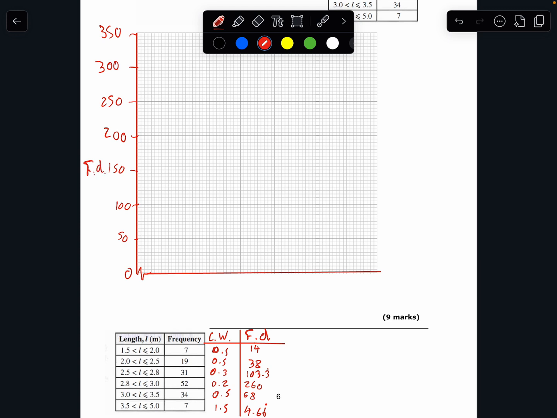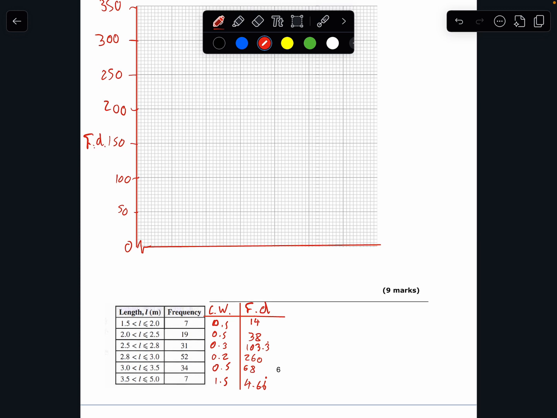Remember that goes on the y-axis. On my x-axis is going to be my classes, so starting here, 1.5, 2, 2.5, that doesn't work. Let's start at 1 instead. I know we don't have 1 on there, but that's fine. 2, 3, 4, 5, 6, 7, and so on and so forth, right? Cool.